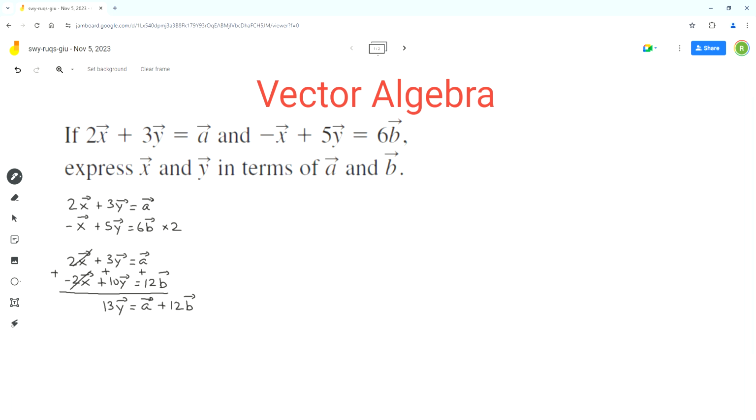Now we can isolate y on the left side of this equation by dividing each term by 13. So the 13s on the left side get cancelled out. So this should be the final answer for vector y in terms of a and b.